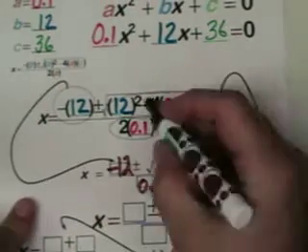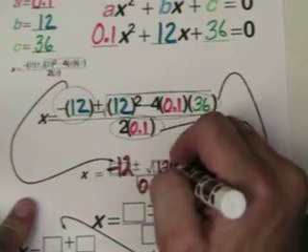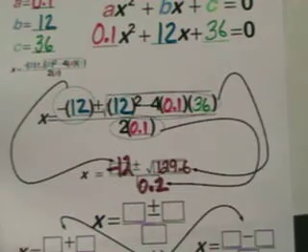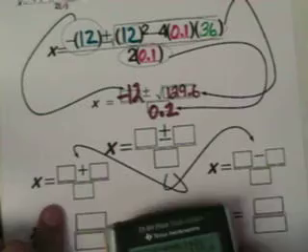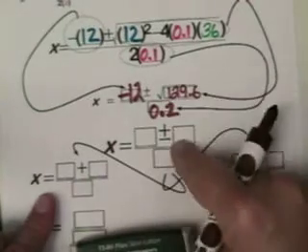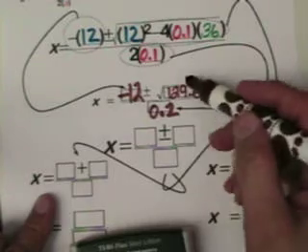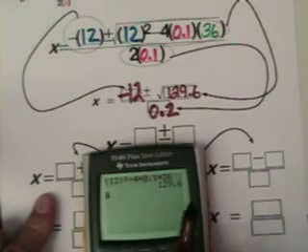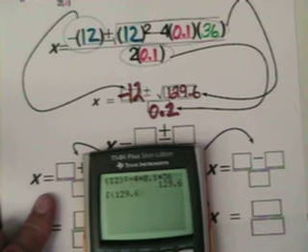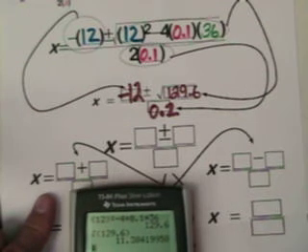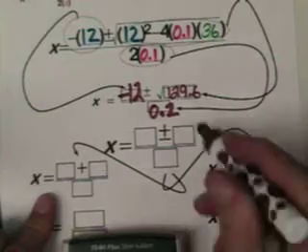That is the number that goes underneath the square root. The only difference between right here and right here is that the square root sign has been removed, which means they took the square root of 129.6. So I'm going to do that. Square root of 129.6 should be 11.38 approximately.